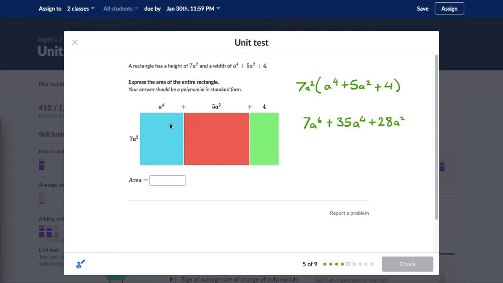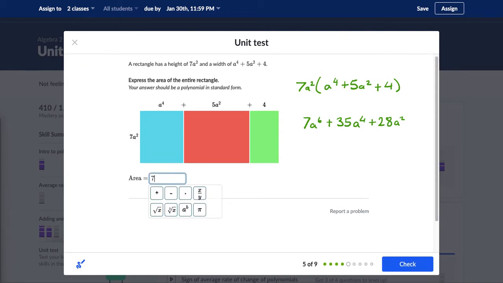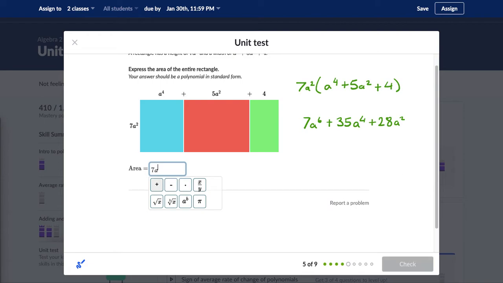So the whole area of this larger rectangle of all 3 colors is this polynomial: 7a to the power of 6 plus 35a to the 4th plus 28a squared.